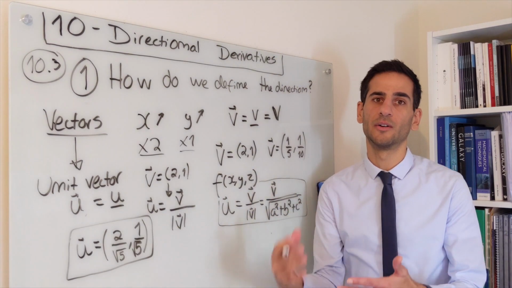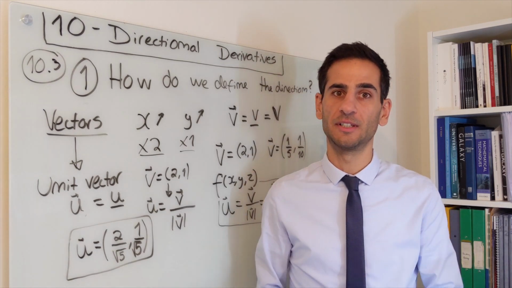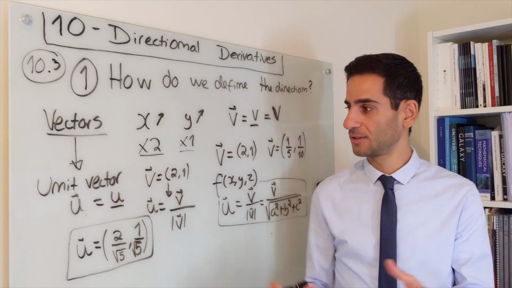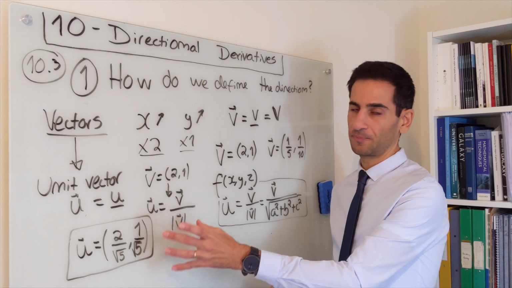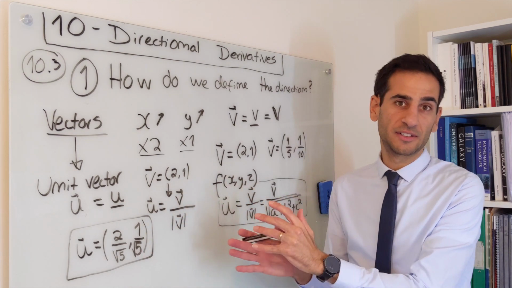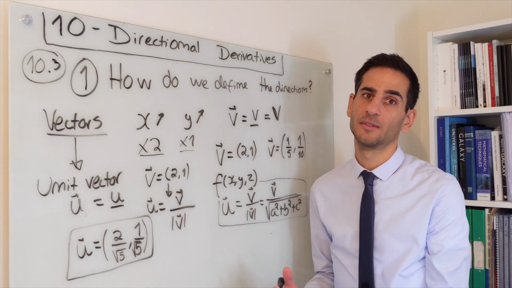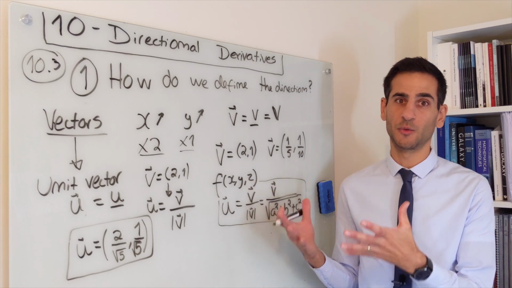And the same thing would go if you keep going up in dimensions. Directional derivatives can actually be extended to n number of dimensions, always using the unit vector. And the unit vector is always calculated by dividing a vector that gives you the direction in which you're going by its modulus. And this is the answer to question 1.